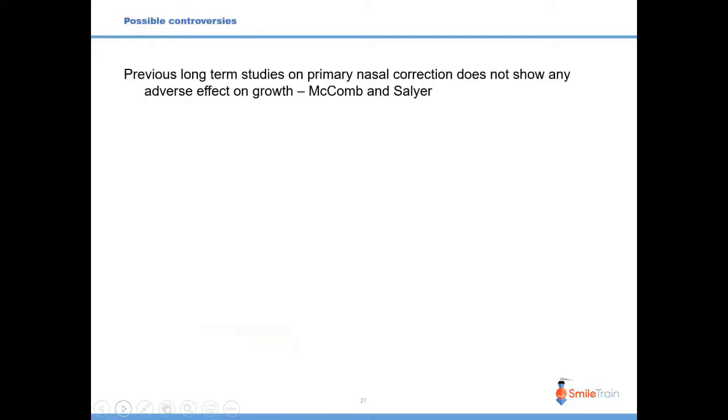The other thing to mention is that there have been a lot of animal studies, notably by Macomb and Sawyer, who have found out from long-term studies that primary nasal correction does not affect the growth of the nose adversely.